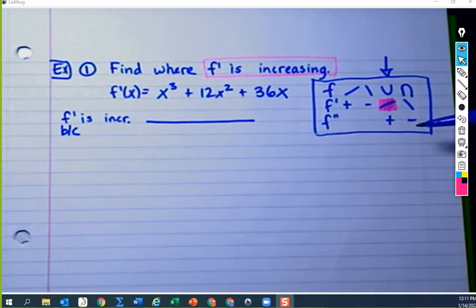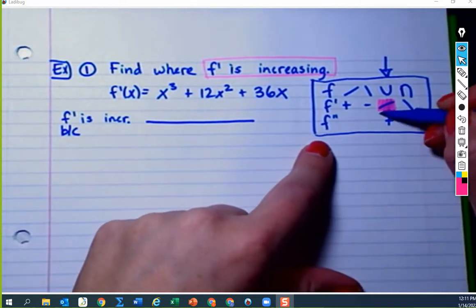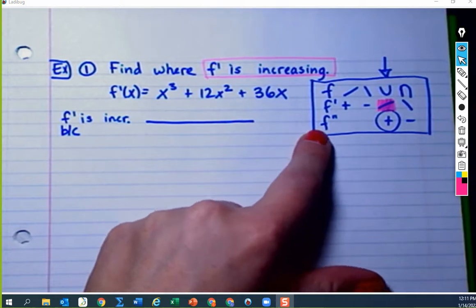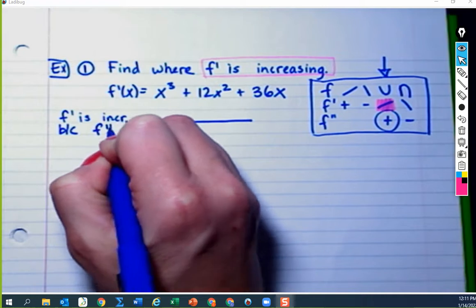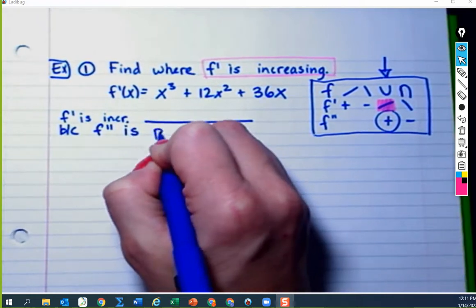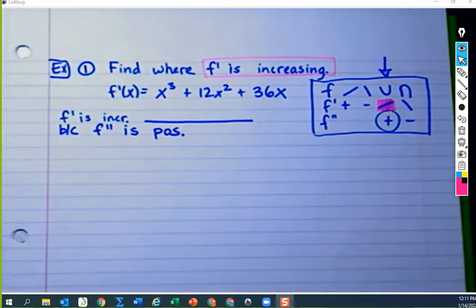Now, we're in calculus, guys. We do derivatives. We go down. So I'm going to go down to right here. Double prime is positive because double prime is positive. So the fun chart helps you get your sentences. You just have to know how to use it.